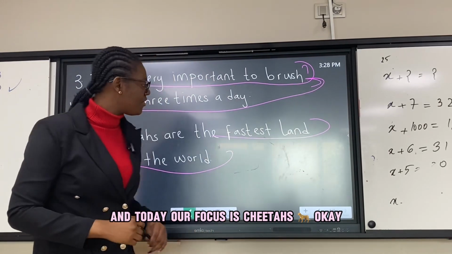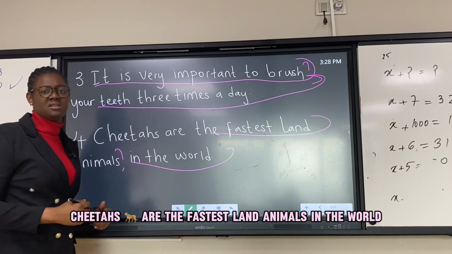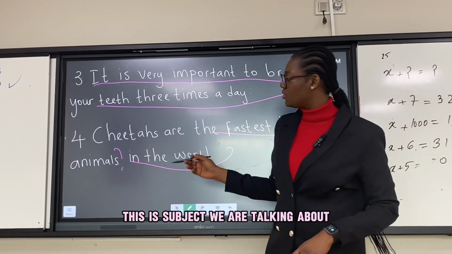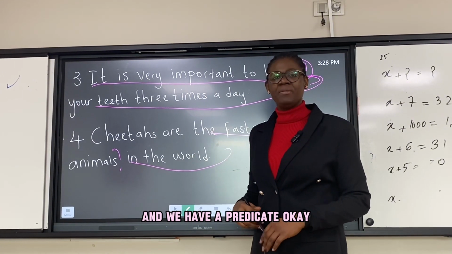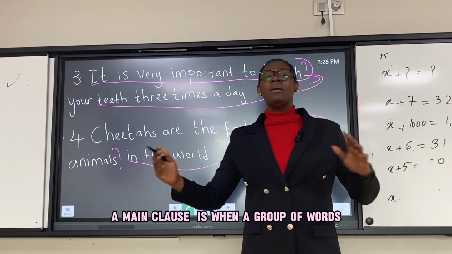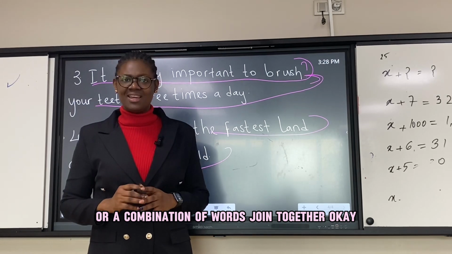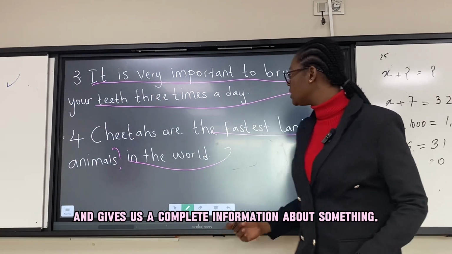And today, our focus is cheetahs. Cheetahs are the fastest land animals in the world. Of course, we have a complete idea. There's a subject they are talking about, and we have a predicate. Remember, what is a main clause? A main clause is when a group of words or a combination of words join together and give us complete information about something.